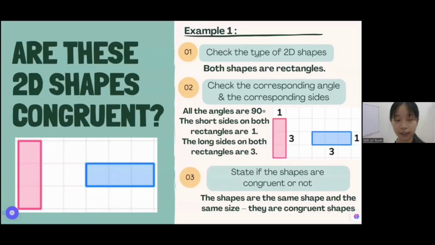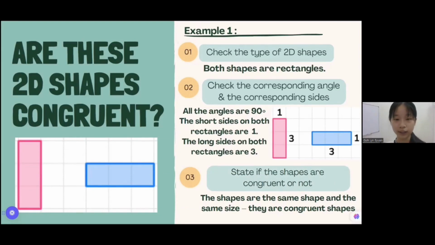This is one of the examples. As we can see here, there are two shapes shown in the picture. Are these 2D shapes congruent? As mentioned before, firstly, we need to check the type of 2D shape. You can see that both of the shapes are rectangles. Then we check the corresponding angles and the corresponding sides.